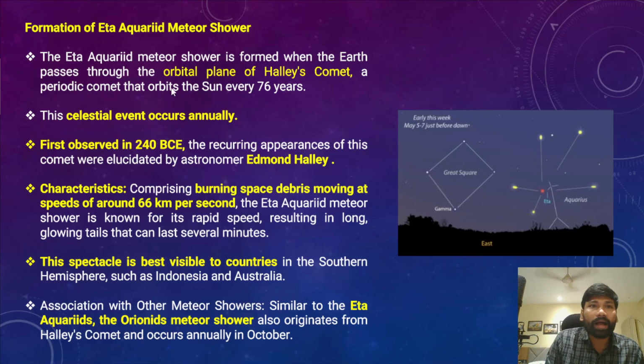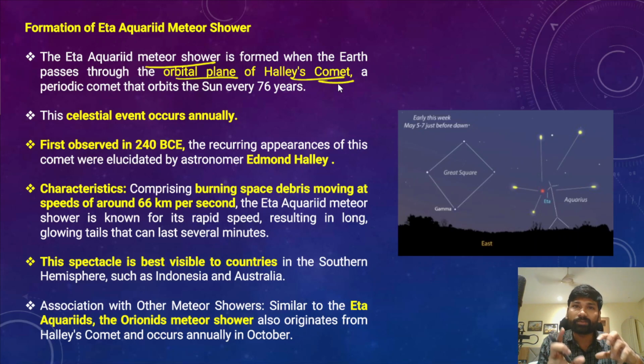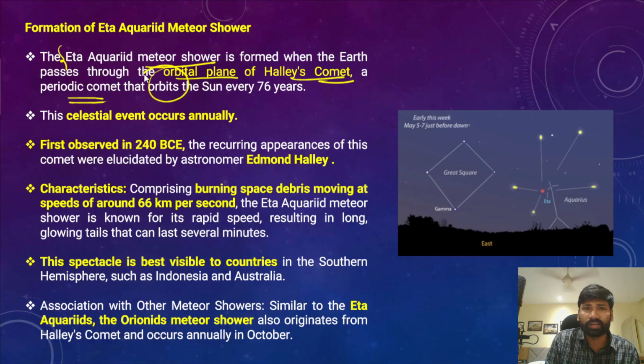This Eta Aquarid meteor shower is formed when Earth passes through the orbital plane of Halley's comet. When Earth passes through the orbital plane of this comet, the Aquarid meteor shower is observed, and this is a periodic comet that orbits the sun every 76 years.